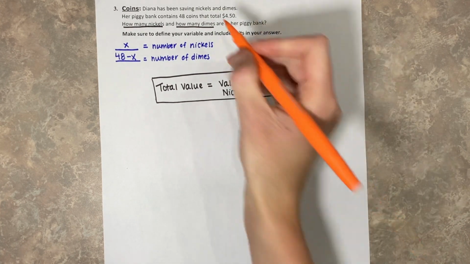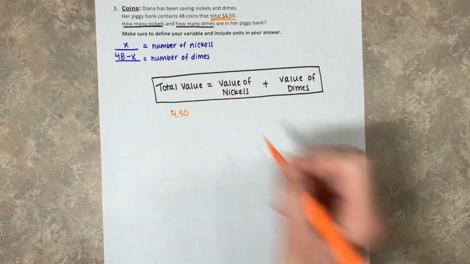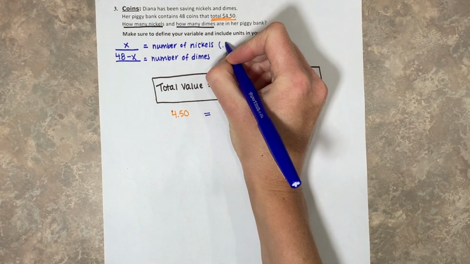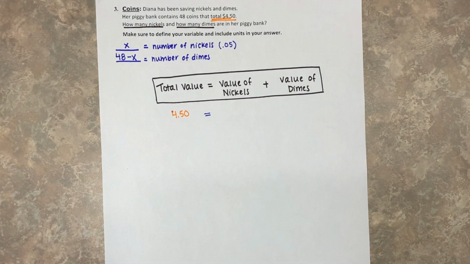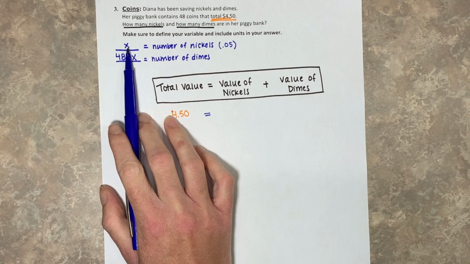So let's see. We know that our total value is $4.50. And how do we compute the value of our nickels? Well, each nickel is worth 5 cents, which we can write as the decimal 0.05. To find the value of our nickels, we just take 5 cents times the number of nickels.